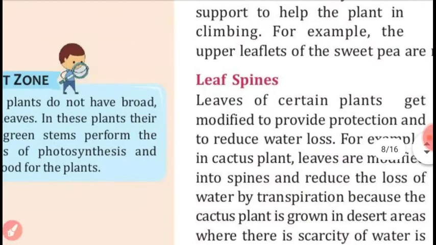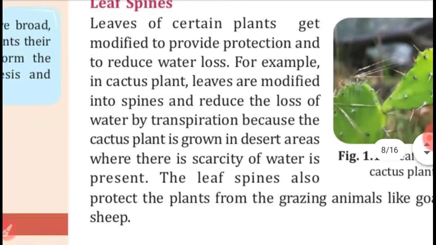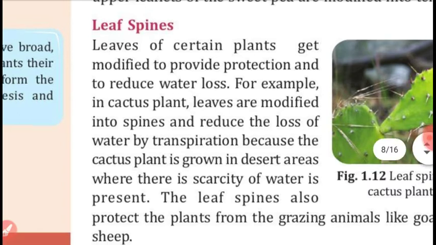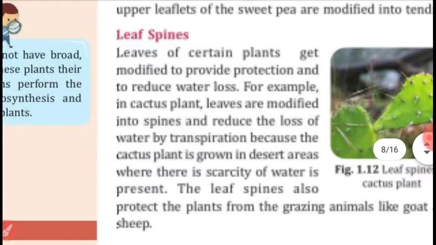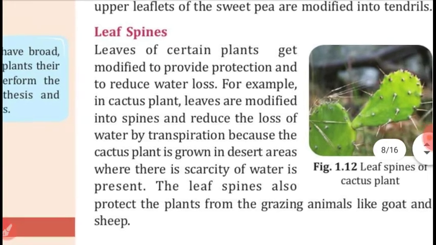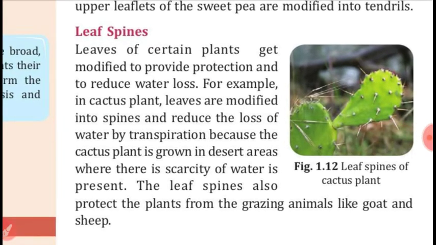Okay. Now the next modification of leaf is leaf spines. In some plants, leaves get modified into spines, to provide protection and to reduce water loss. I think you all have seen the cactus plant.